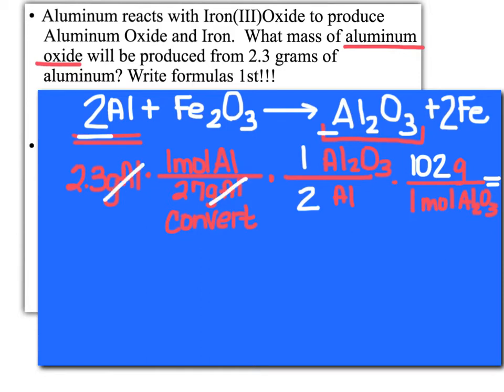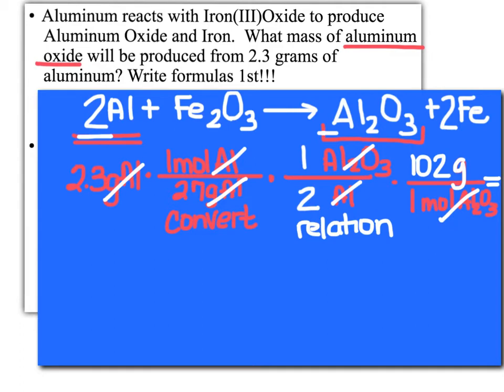And now let's double check that we've set this right. This will convert our grams to moles of aluminum. Next is our relationship, our ratio between our aluminum moles and our aluminum oxide. And then in our last step, we're converting our moles of aluminum oxide to grams of aluminum oxide.